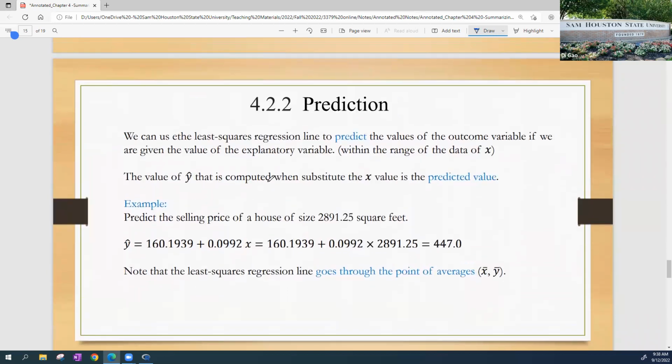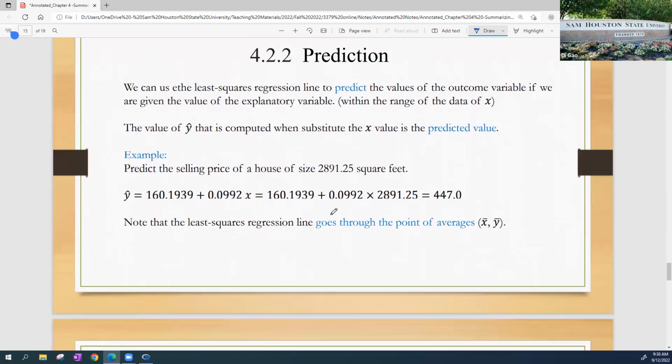The value y hat that is computed when we substitute the x value is the predicted value. Let's look at the example here. Predict the selling price of a house of size 2891.25 square feet. So when we have the x value, x equals this number, and we have the least square equation already, the line equation, so just plug in. 160.1939 plus 0.0992 times the plugged in x value, 2891.25, which is 447.